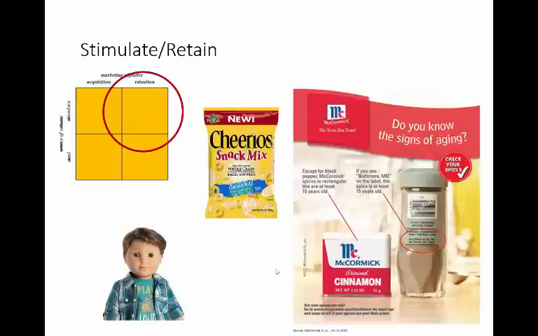So they may buy multiple dolls, but certainly accessories for the dolls and stories that go along with the dolls and so on. And in this case, this is a way to stimulate some additional demand among those current customers by putting another doll into the mix. So I see it as stimulate retain.